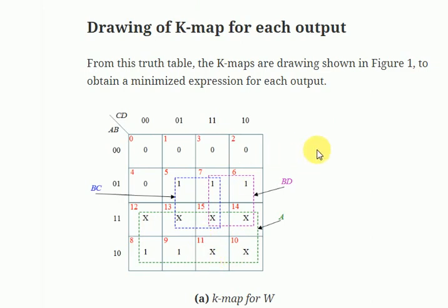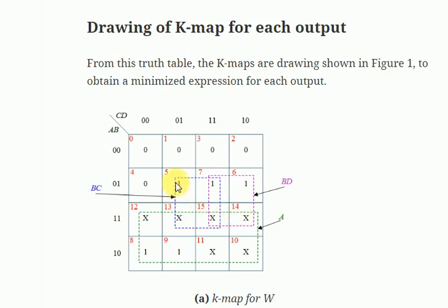When we make the groups here, there is a quad of M5, M7, M13 and M15. Then there is another quad of M6, M7, M14 and M15. Then there is an octet of M8, M9, M10, M11, M12, M13, M14 and M15.